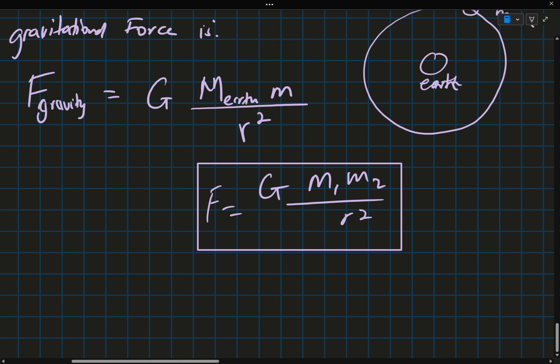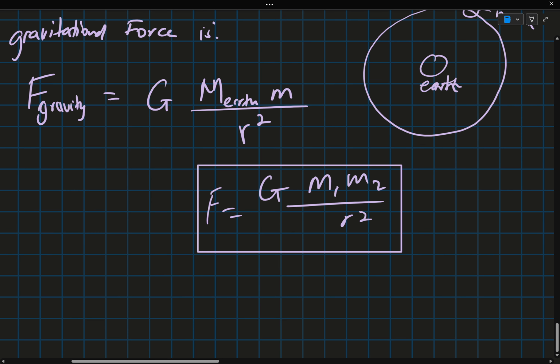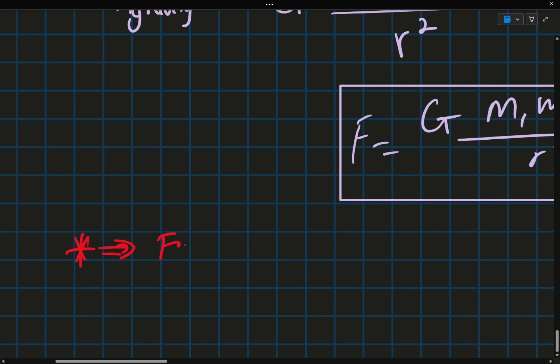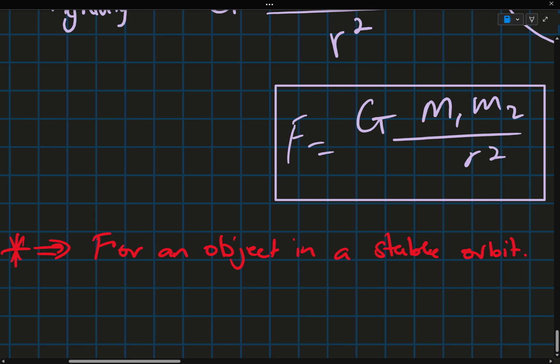For an object in a stable orbit, the centripetal force and the gravitational force must be equal. Let me write that for anybody who wants to hear. For an object in a stable orbit, F centripetal must be equal to the gravitational force.